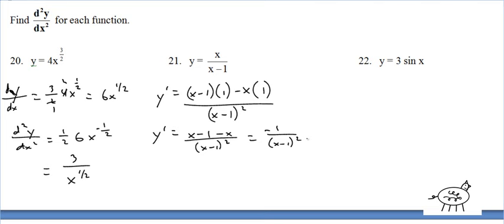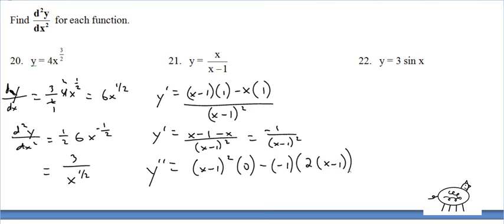All right, now this is the deal, math fans. We're going to use the quotient rule here. So y double prime equals the bottom times the derivative of the top, which is 0, minus the top, so minus negative 1, times the derivative of the bottom, which is 2 times x minus 1, all over the bottom squared.